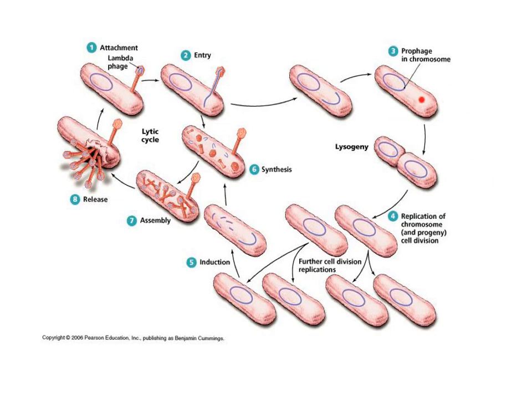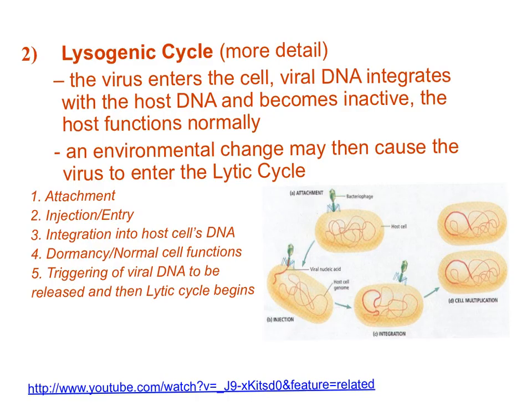When this bacteria replicates or duplicates, we are going to get more and more cells that contain that genetic information of the virus. What will eventually happen is that this viral DNA will separate, and then we can enter the lytic cycle. Now, this lysogenic cycle really just happens with bacteriophages invading a bacterial host cell. There's a slightly different process with viruses that are invading animal cells or plant cells.